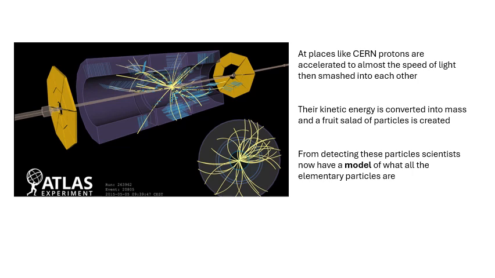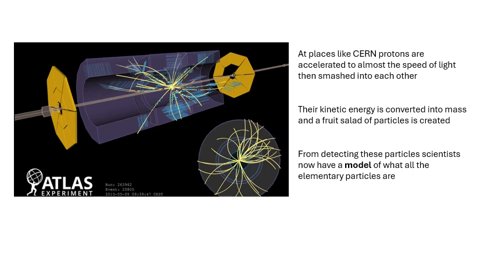You create a fruit salad of particles. You're not smashing the protons to bits to see what they're made of. What you're doing is you're changing energy, kinetic energy, into matter. And then we can see what different types of Lego brick are possible. And from detecting these particles, scientists now have a model of what the elementary particles are.